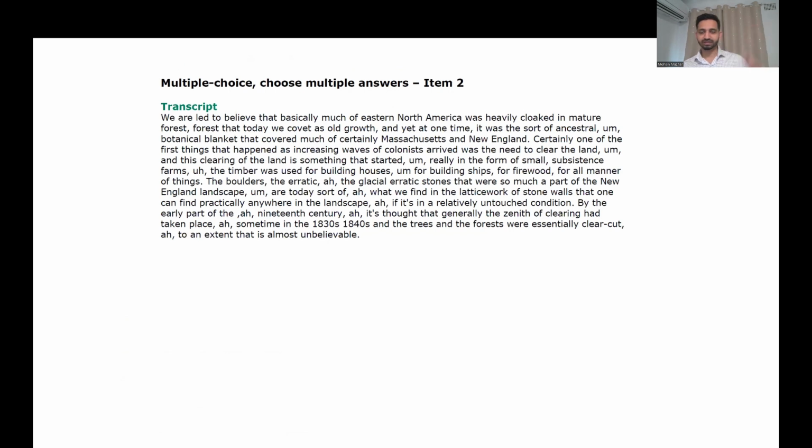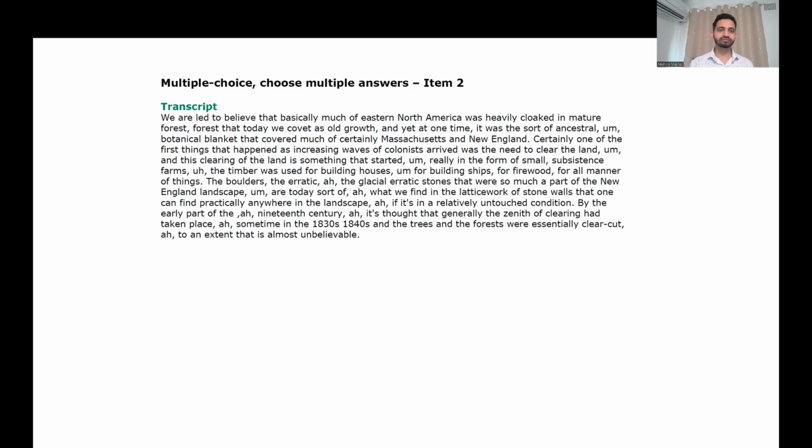So let's read the transcription. I'm going to read it with you. We are led to believe that basically much of eastern North America was heavily cloaked in mature forest that today we covet as old growth, and yet at one time it was the sort of ancestral botanical blanket that covered much of certainly Massachusetts and New England.